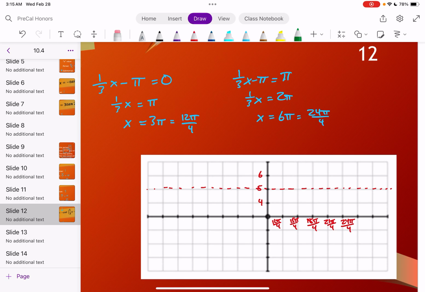We know that our vertical asymptotes are going to fall on the 12 pi over 4 and 24 pi over 4. We're going to go ahead and find that midpoint on the midline.